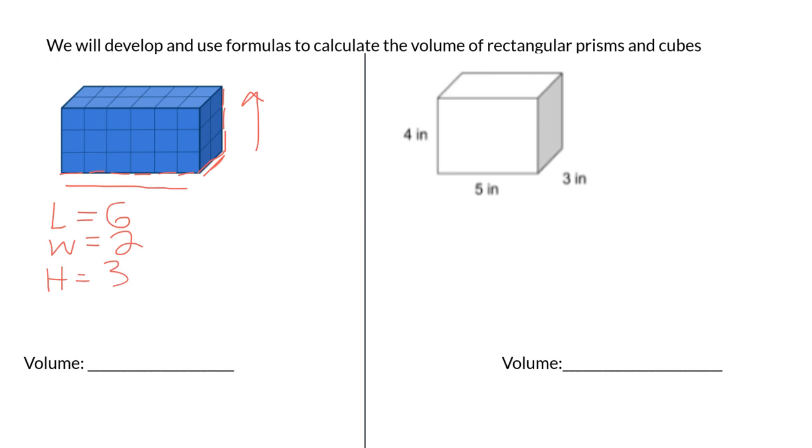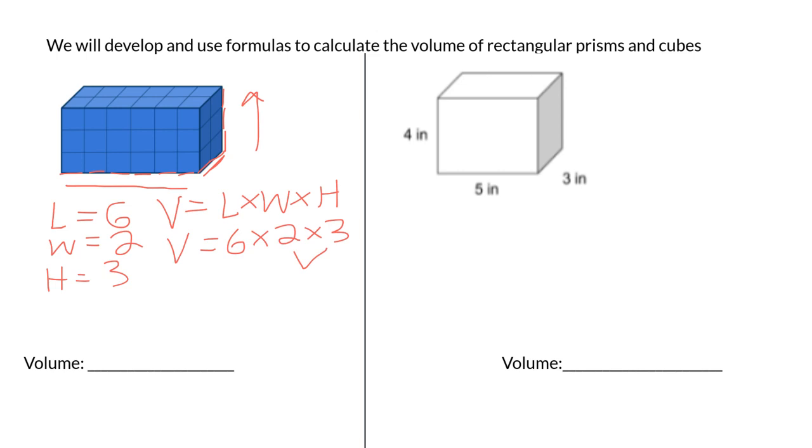Okay, now we're going to use our volume formula. And every time you do one of these, I want you to practice writing out that formula of volume equals length times width times height. And then rewriting that, plugging in your values. Volume equals 6 times 2 times 3. Keep in mind, order does not matter. I'm going to start here.